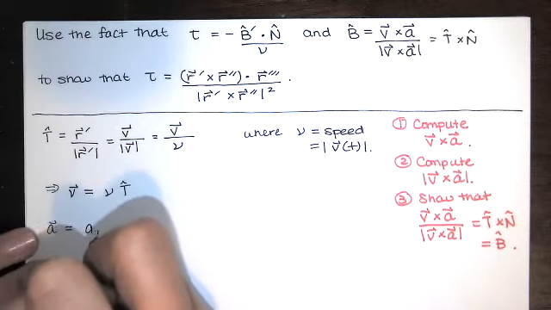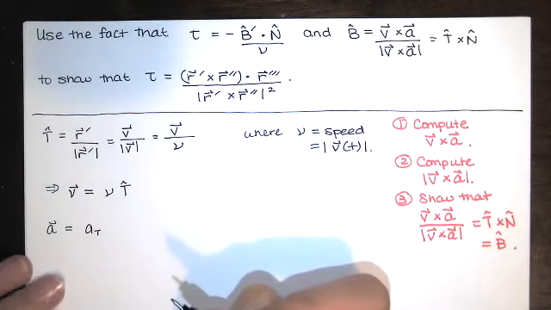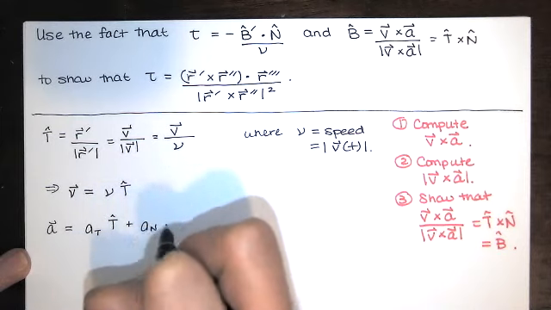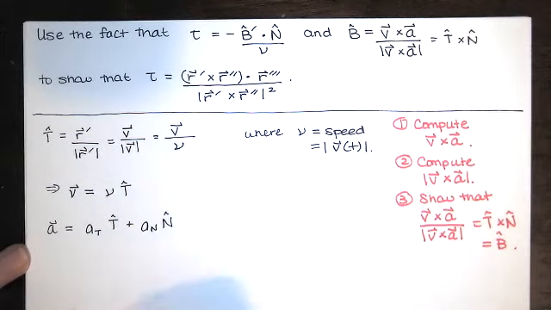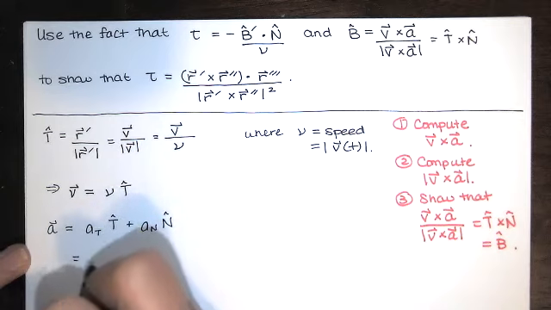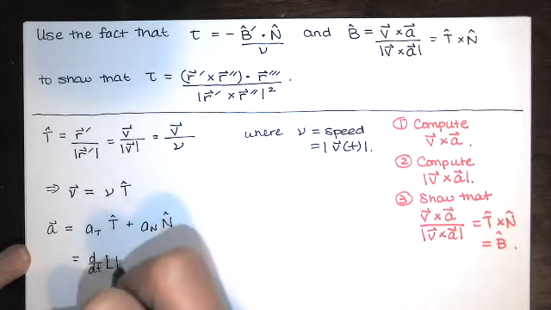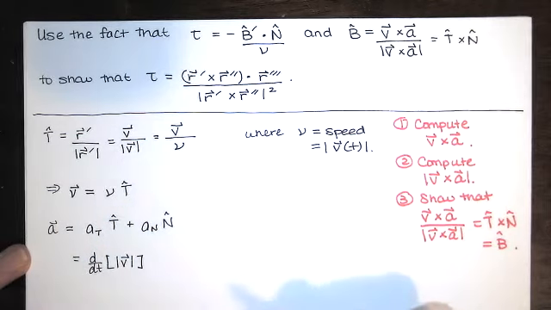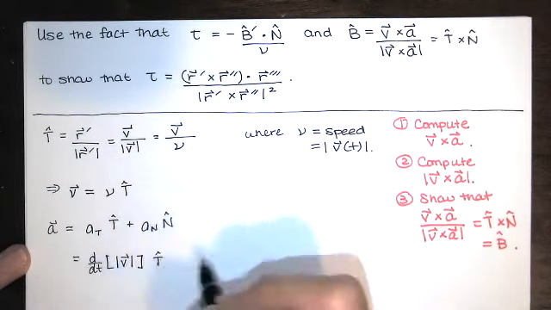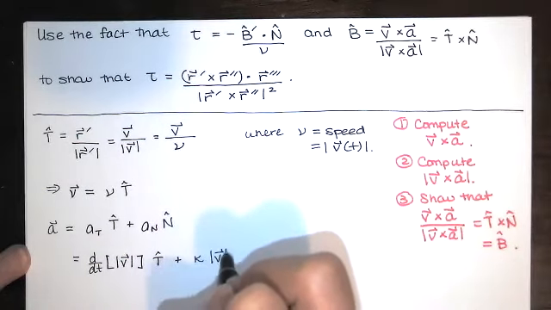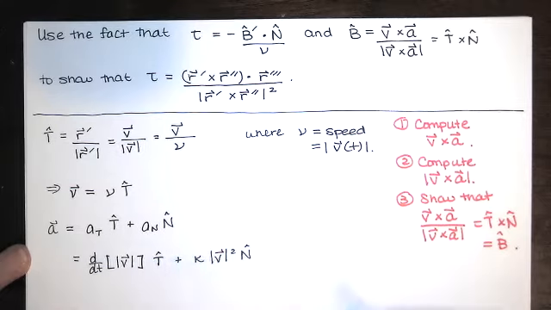We spent a lot of time proving this before. Acceleration is a sub t times t hat plus a sub n times n hat, and a sub t turns out to be the derivative with respect to t of that speed function, and a sub n turns out to be the curvature times the speed function squared.